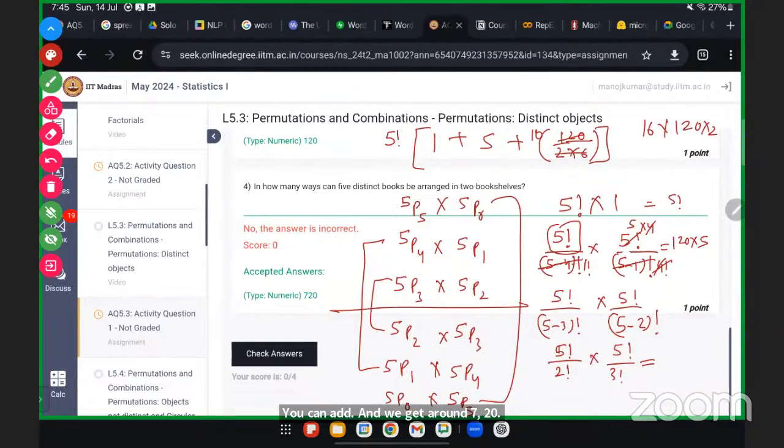What would that be? Sir, I think we should add, like we can select 5C3. Sir, it is the right approach. We will get the answer. Yes, sir. But it is not 720.